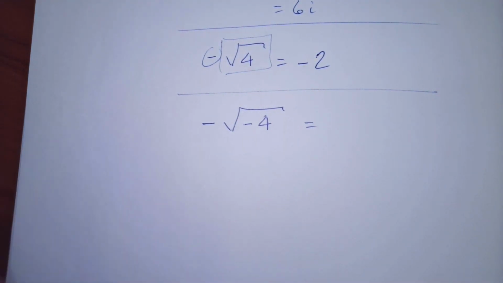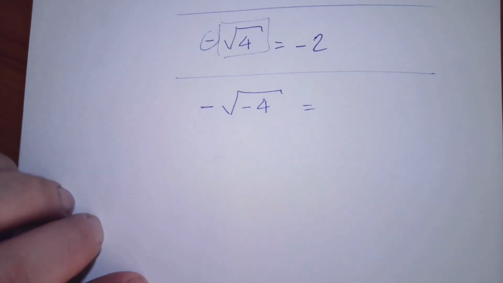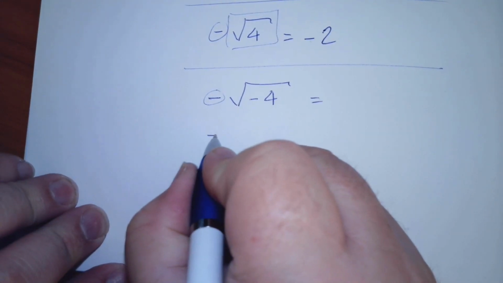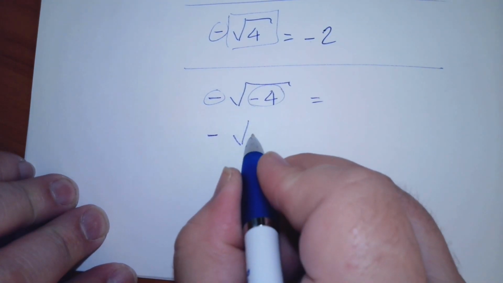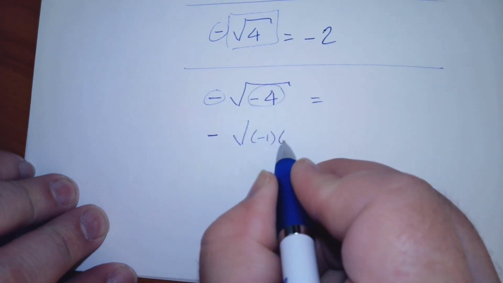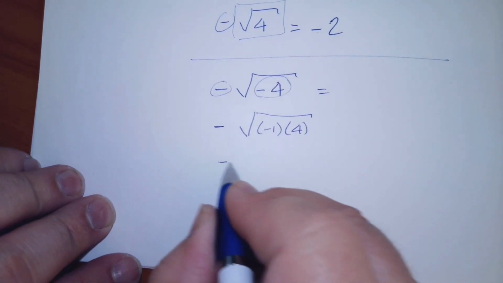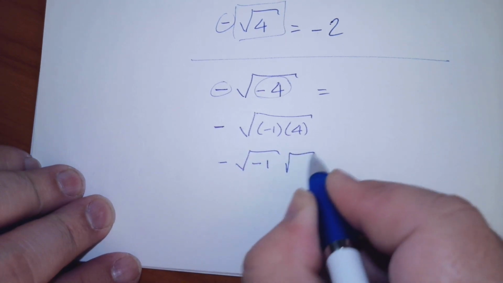If we had a negative square root of -4, by order of operations, the negative stays out front. I'll leave it there. Inside this operation, we have -1 times 4, the square root of -1 times the square root of 4.